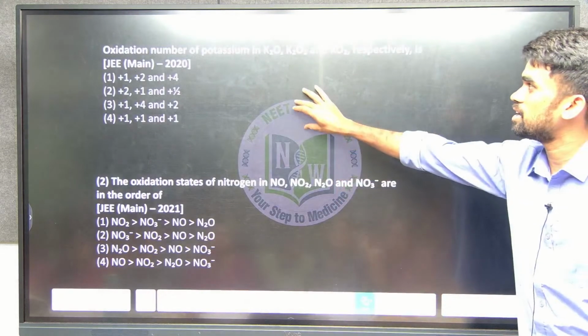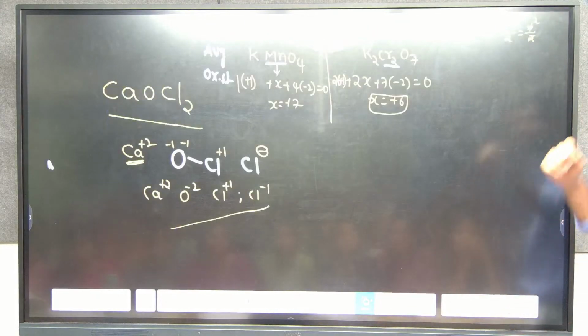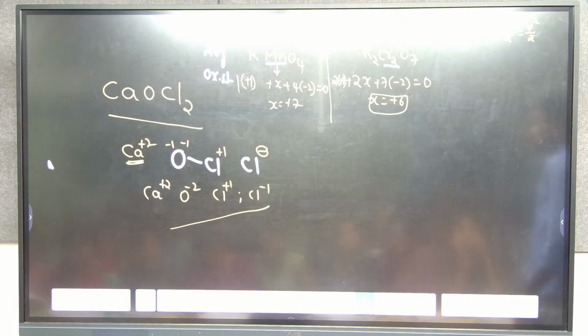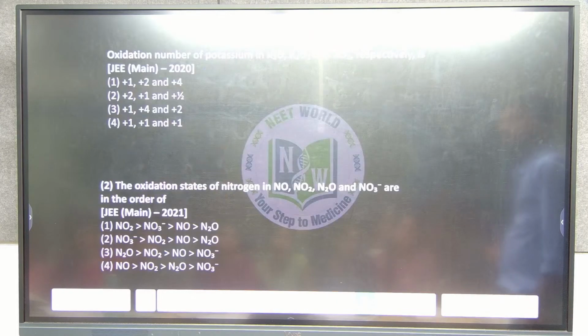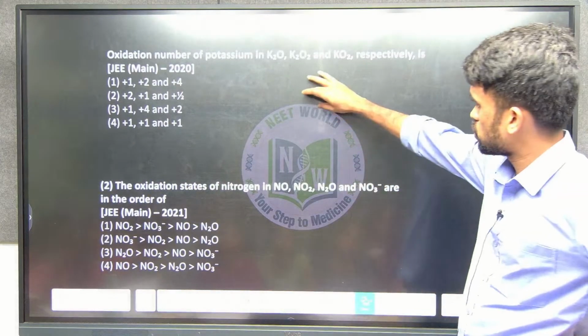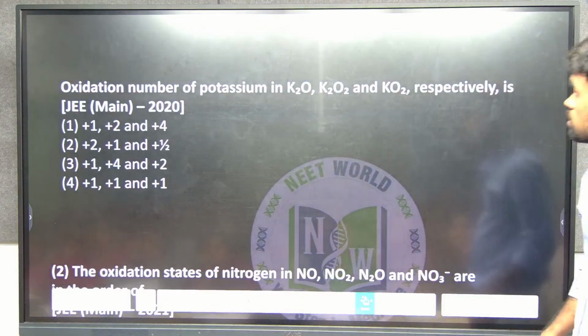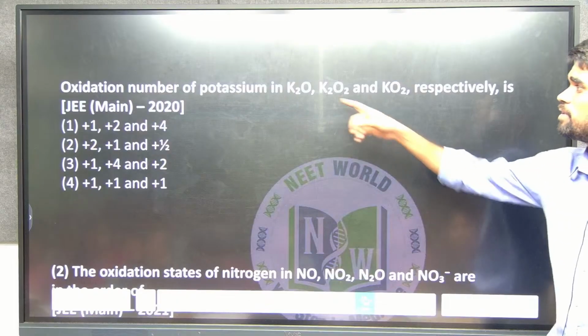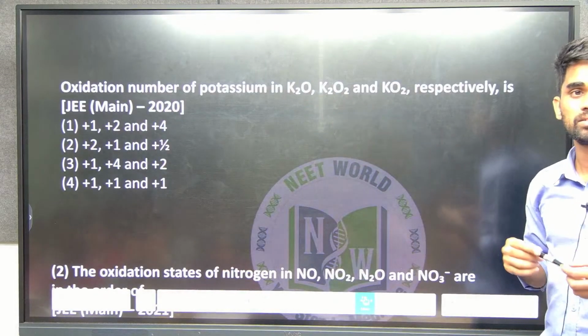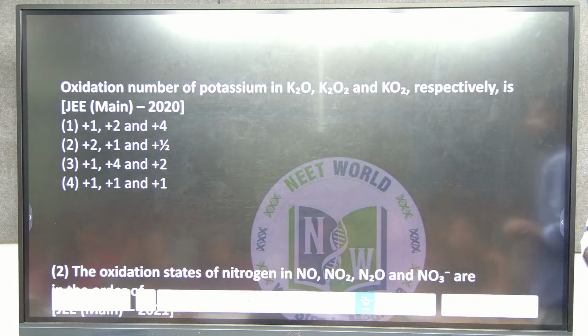Find this question. Okay, so do it for this first question. Fast. Find for potassium as well as oxygen. Read the question once.